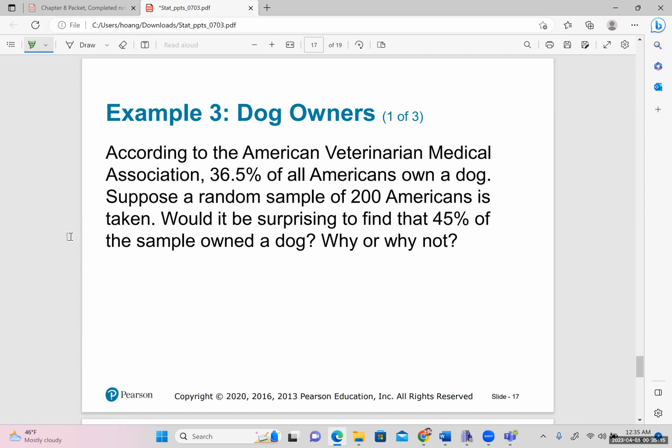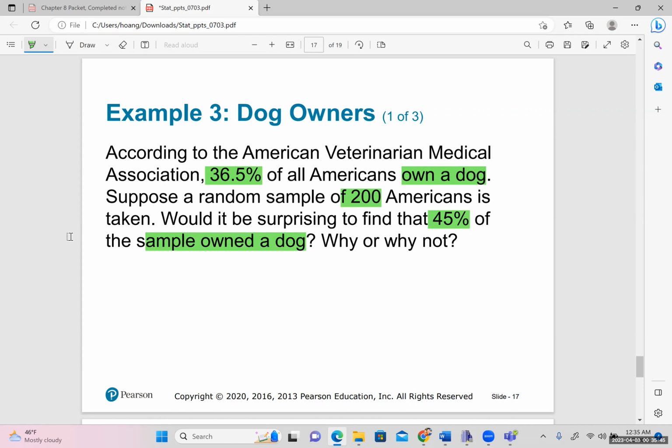Dog owners as example number 3. According to the AVMA, 36.5% of Americans own a dog, right? Suppose we sample 200 Americans. Would it be surprising to find that 45% of the sample own a dog?